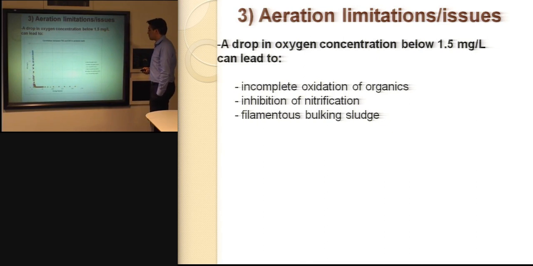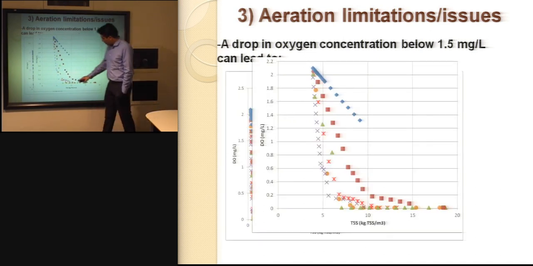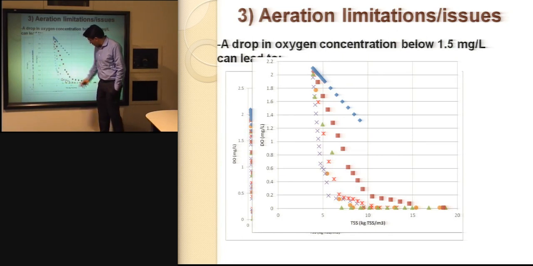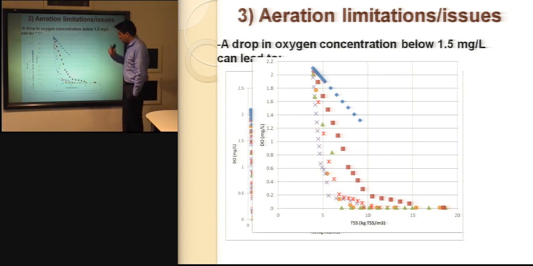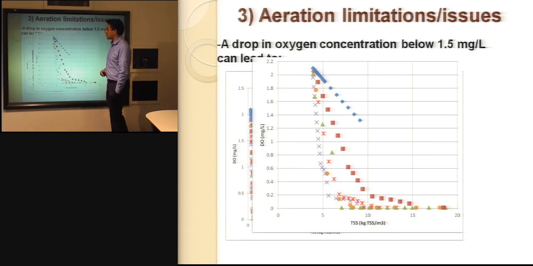And there is a correlation found between the TSS and the dissolved oxygen. So we can see that the more fecal sludge we treat, already 5% fecal sludge, if we reach 5 kilograms of total suspended solids per cubic meter, our dissolved oxygen will, in some cases, already reach 0.6 milligrams per liter.